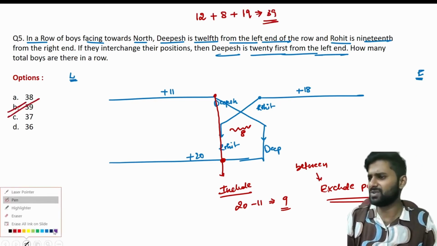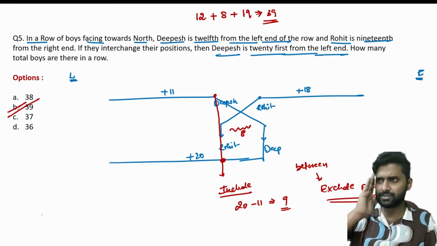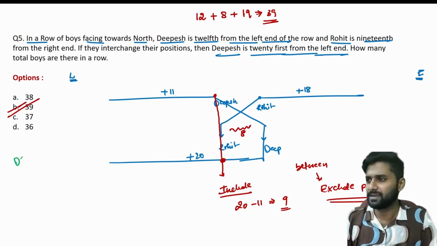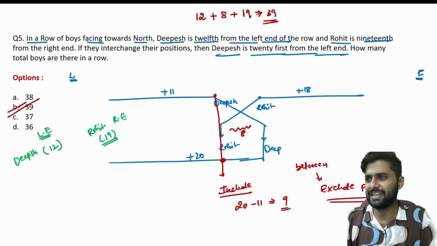So let's make it simple, don't draw the diagram. Just solve in this way, guys. Deepesh, counted from the left end, is exactly the 12th position. Another person is Rohit. From the right end his position is 19. So 19 with Rohit included, and 12th with Deepesh included.